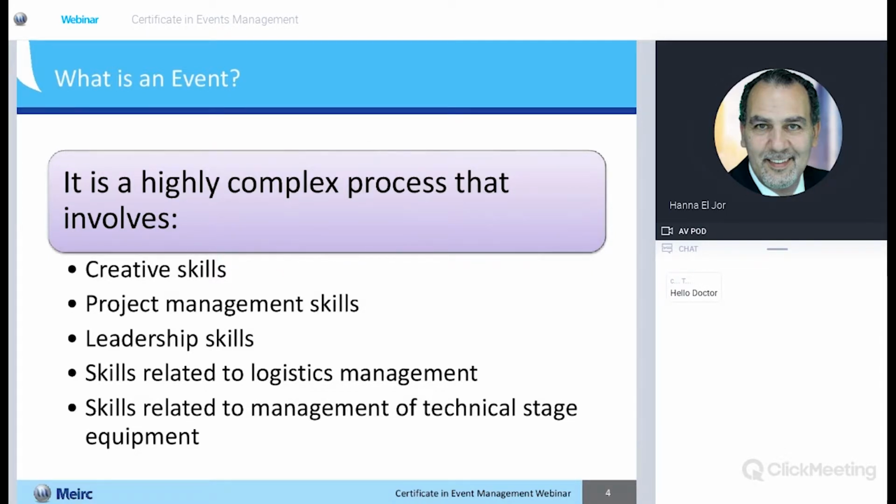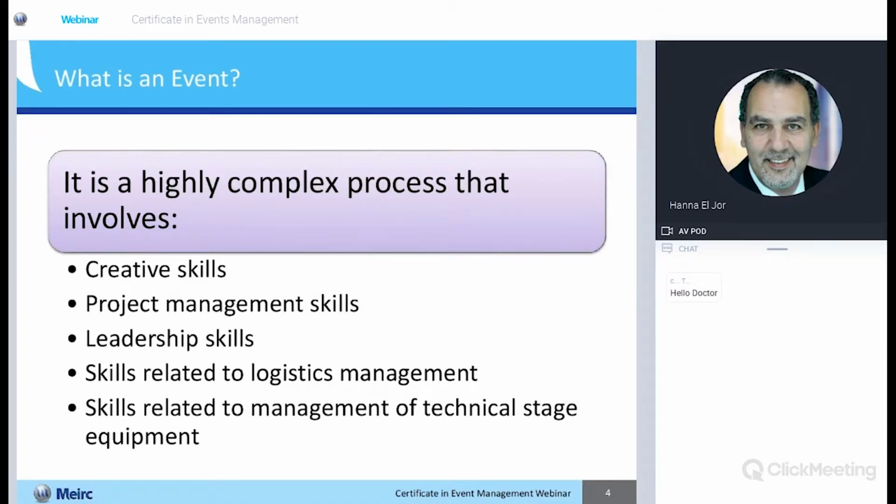Leadership skills also are involved, and any kind of skills related to logistics management. As you know, in an event there are a lot of logistics, things that sometimes you don't even realize should be involved, and they're included in your event, which are related mainly to logistics.